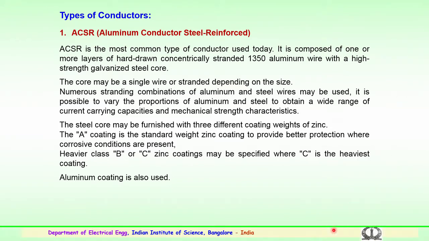The class C type, the heavier coating, is used for heavy corrosive zones where the corrosion could be very heavy. Aluminum coating is also used apart from these zinc based coatings.